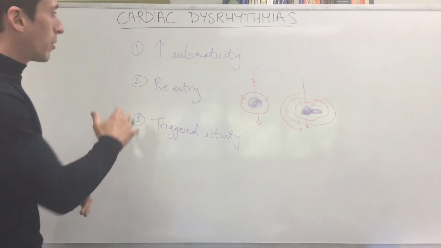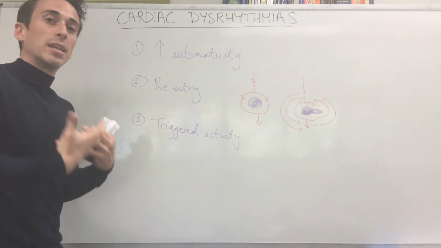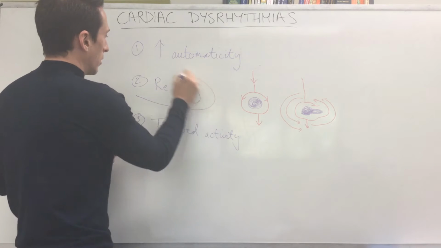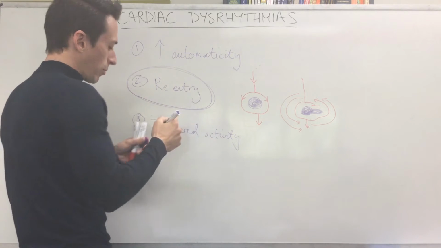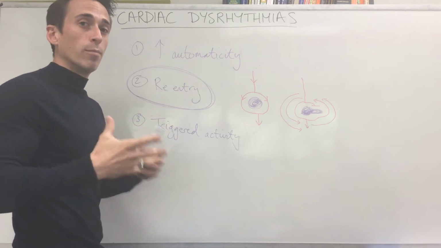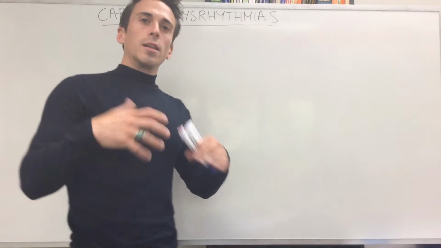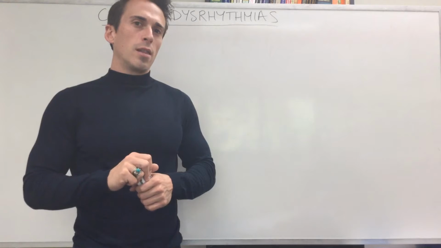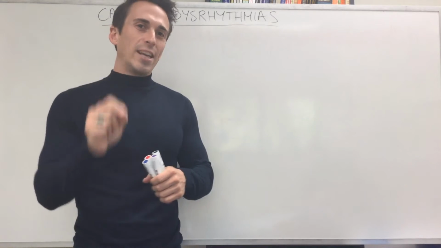Okay? Now, the most common of these as a mechanism of disturbance for cardiac arrhythmias tends to be the reentry mechanisms. And that's probably going to be the one that we tend to focus on the most throughout this lecture. Let's now take a quick look at those types of dysrhythmias that occur originating at the atria.